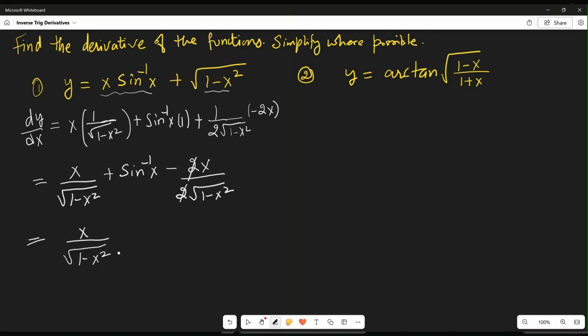Now minus x square, so we have 1 plus minus 1 plus sine inverse x.